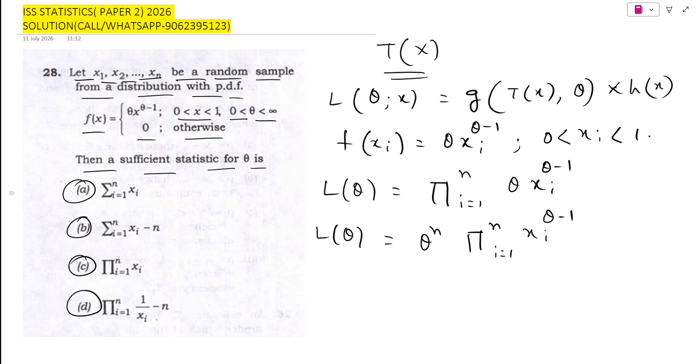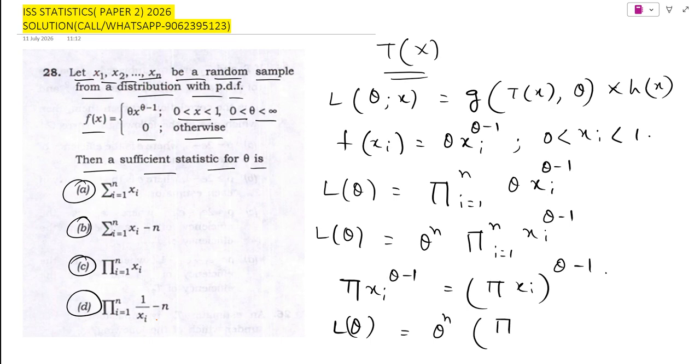Using the law of exponents, L of theta will be equal to theta to the power n times the product of xi, raised to the power theta minus 1.